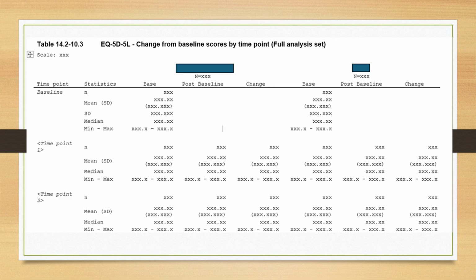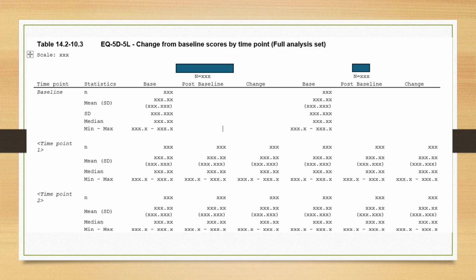Similarly, when we derive the baseline record for time point 2 with ABLFL as Y, you will have the BASETYPE value populated as baseline for time point 2, and so on. So in this way, you have different definitions being populated for BASETYPE. For the baseline record, you will have baseline, but for time point 1 and time point 2, you will have BASETYPE populated as baseline for time point 1 and time point 2, respectively.